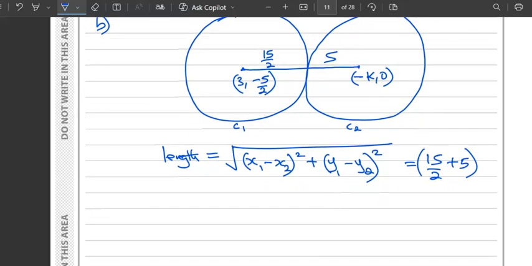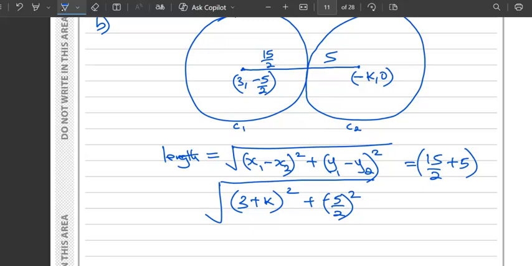Now, when we substitute the values of x1, x2, y1, and y2, we'll have the square root of 3 plus k squared plus negative 5 over 2 squared, and this is equivalent to 15 over 2 plus 5.